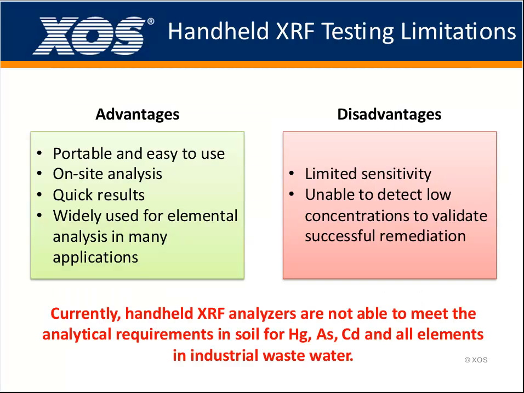And compared with the first generation handheld XRF, what is our advantage? I think there are almost 2 points. The first point is very high sensitivity, because handheld XRF, the first generation analyzers, are not able to meet the analytical requirements and the regulatory limits in soil for mercury, arsenic, and cadmium, and also almost all the elements in industrial wastewater regulation.